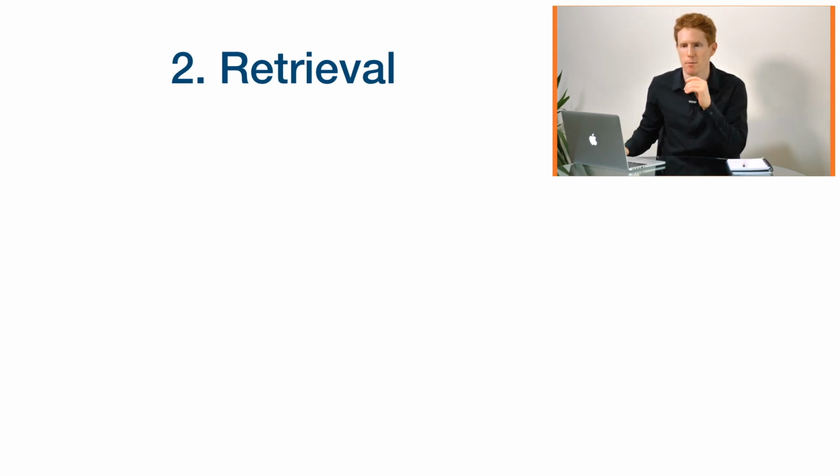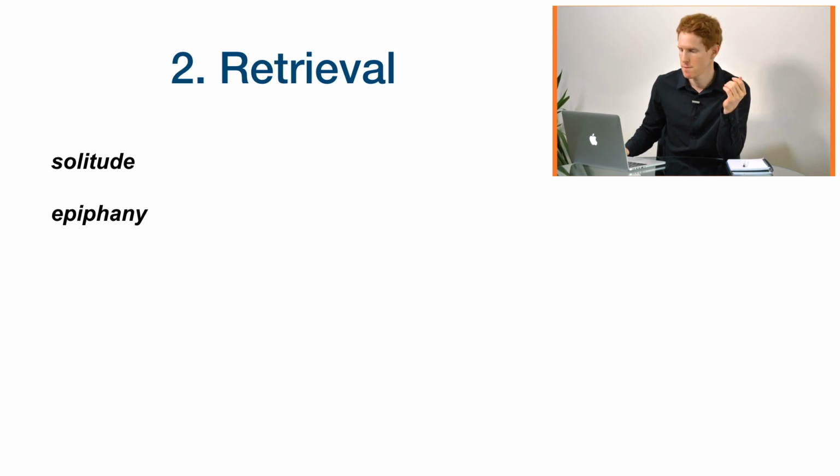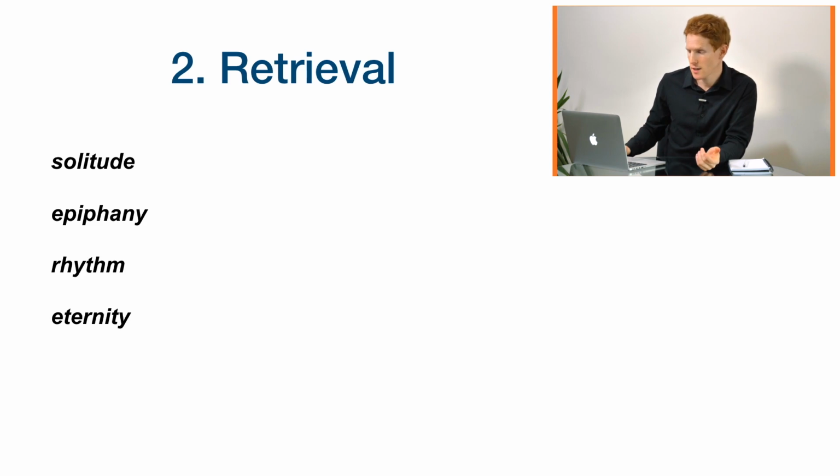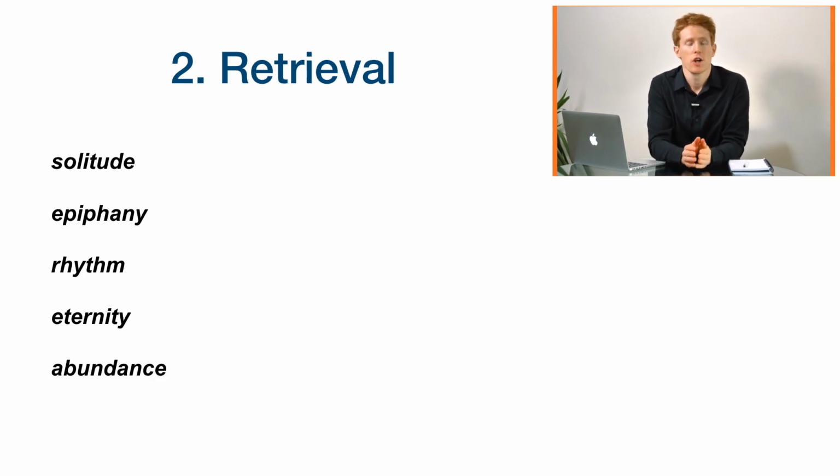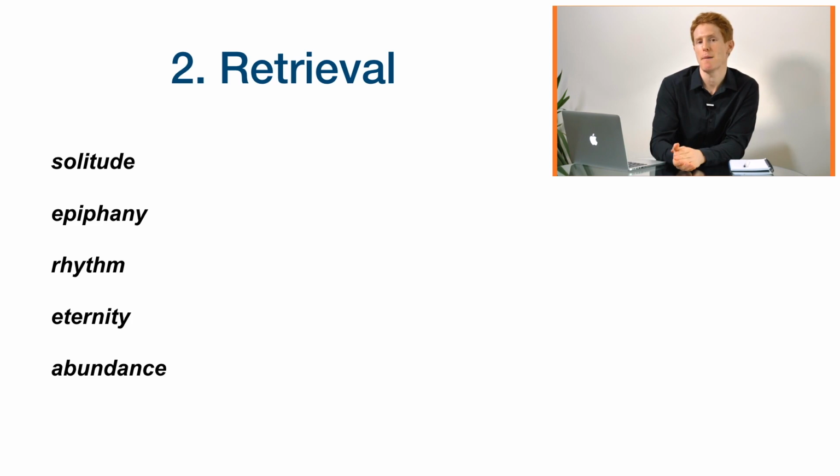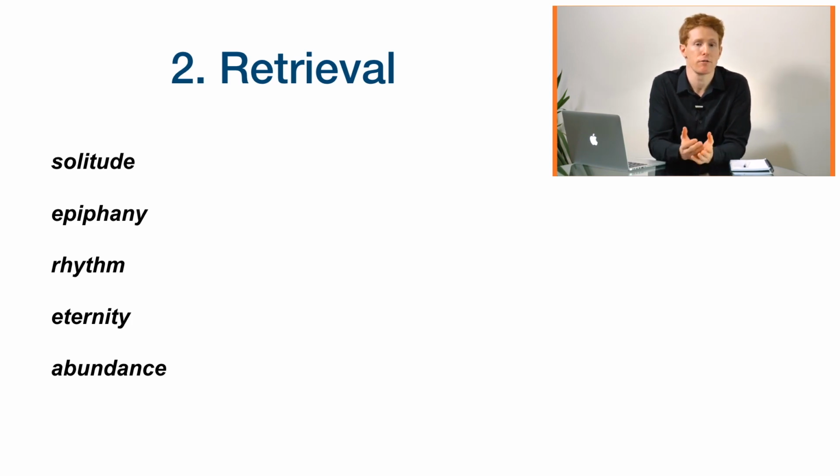So we had, for example, solitude, we had epiphany, we had rhythm, eternity, and abundance. So just by retrieving or remembering these words, we're more likely to be able to remember them when we need them in the future. So that works on the principle of retrieval.